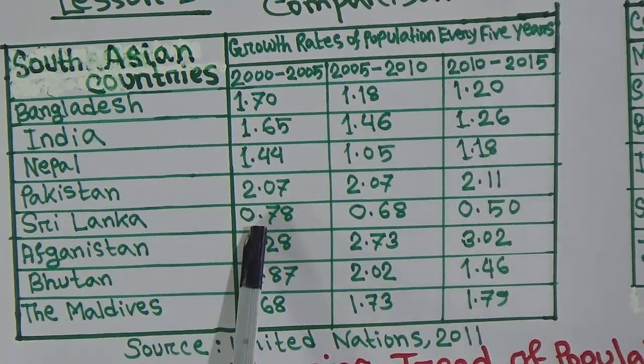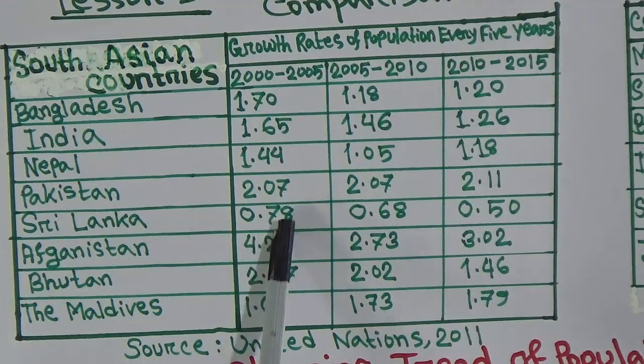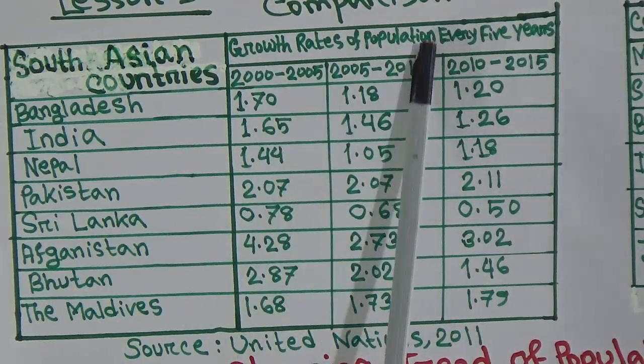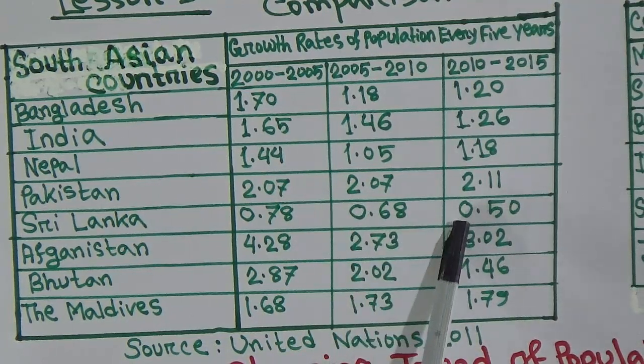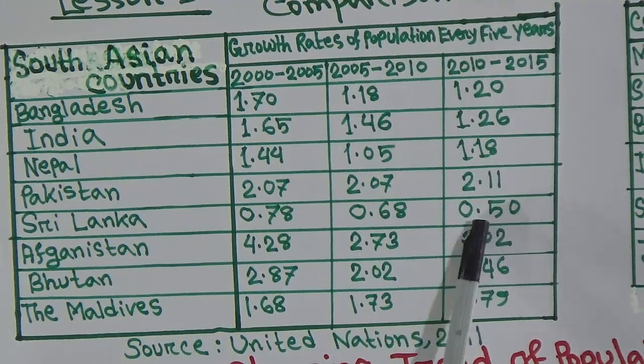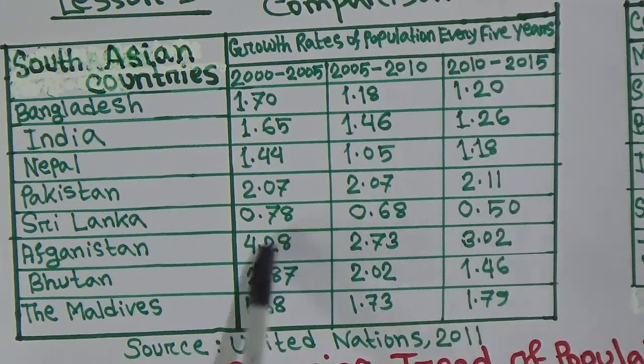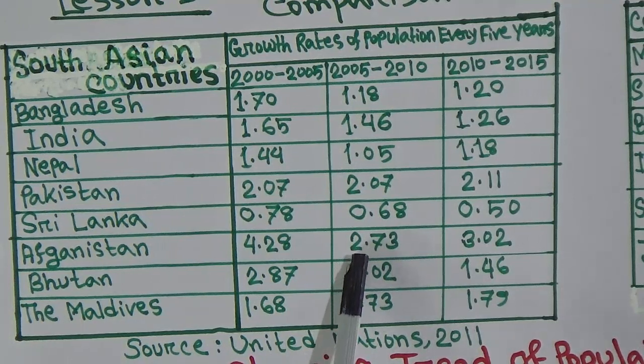Now look at Sri Lanka. Its population growth was very low, 0.78, and the second one has also decreased, 0.68, and the last one has also decreased. It was only 0.50. Next one, Afghanistan. First of all, we can see 4.28 in 2005, and up to 2010, the next 5 years, it has decreased a little bit, 2.73.